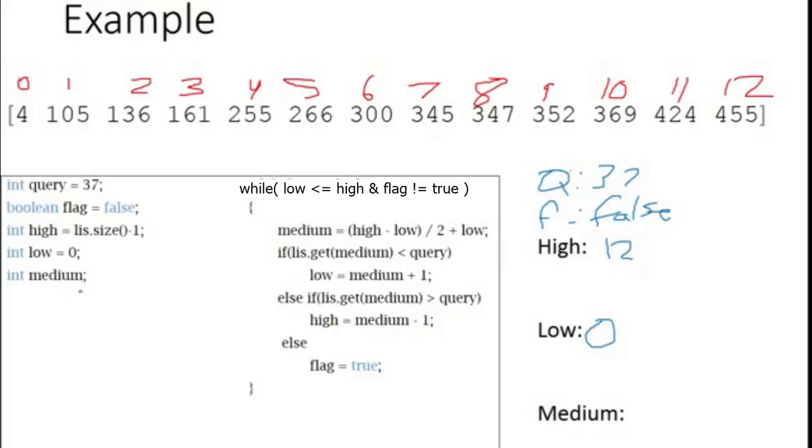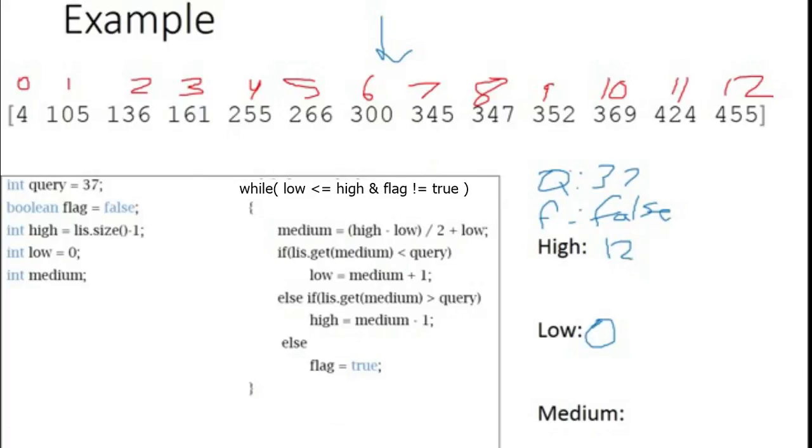So what we're going to do is, so long as this low and this high have not crossed each other, we're going to keep looking at the element between high and low. So in this case, probably around here. And we're going to see if that's our query. So let's go ahead and do an example.